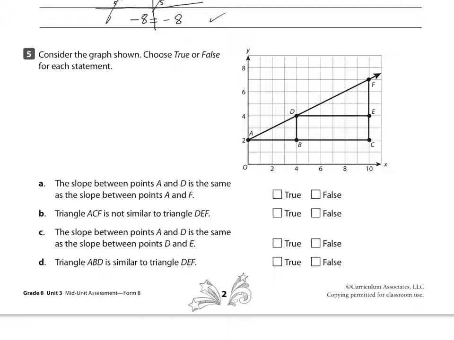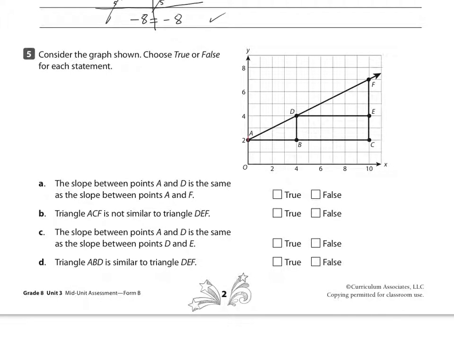For number 5, you need to look at the graph and determine whether the statement is true or false. The first statement says the slope between points A and D is the same as the slope between points A and F. The only thing we're going to pay attention to is the slope of A and D first, and the easier way to do it for this problem is just rise over run.